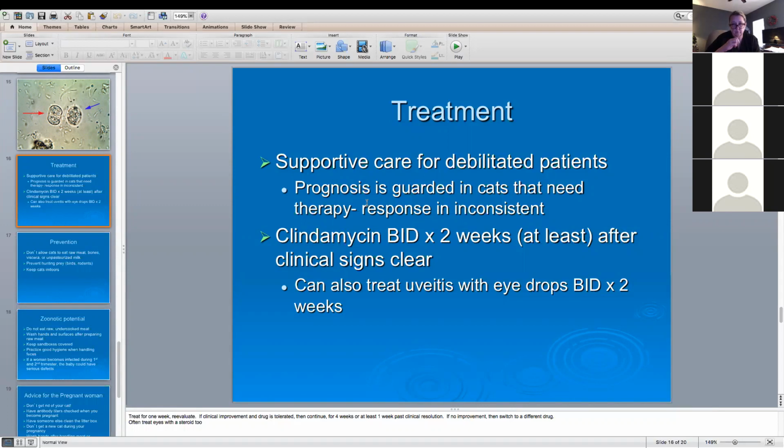We talked about common medications to treat. And especially with toxoplasmosis, there are some key client education tips for owners, especially if they own a cat and they're pregnant.